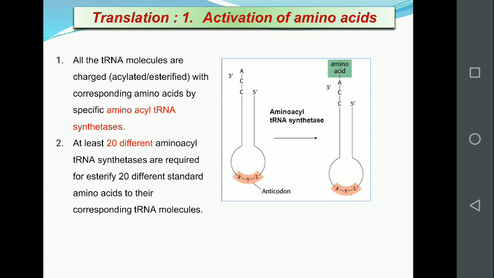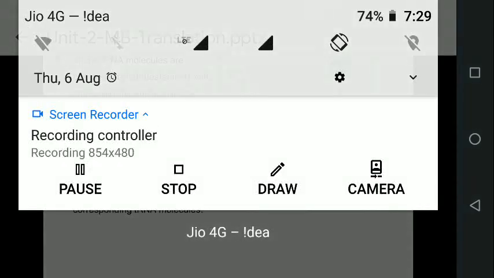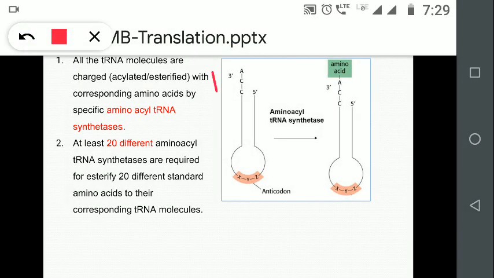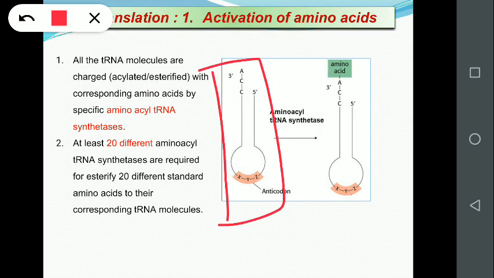This is one of the important stages, and this question is also important in examinations. Suppose this is the basic structure of a tRNA, and we have the anticodon loop at one end and the amino acid accepting end at the other.